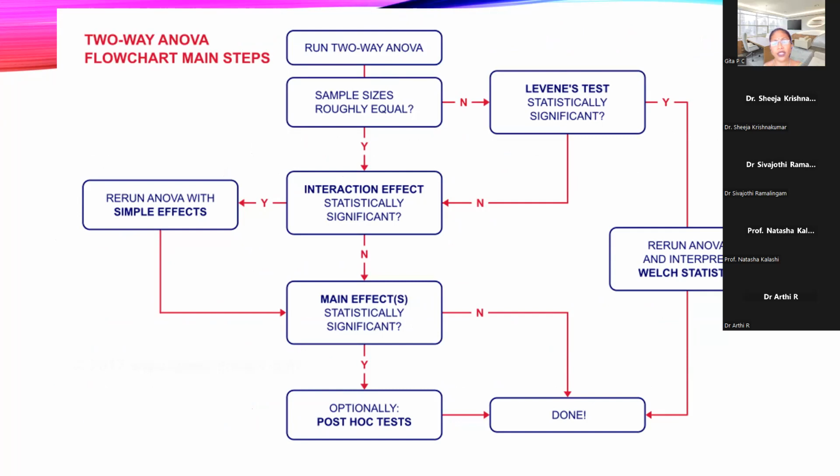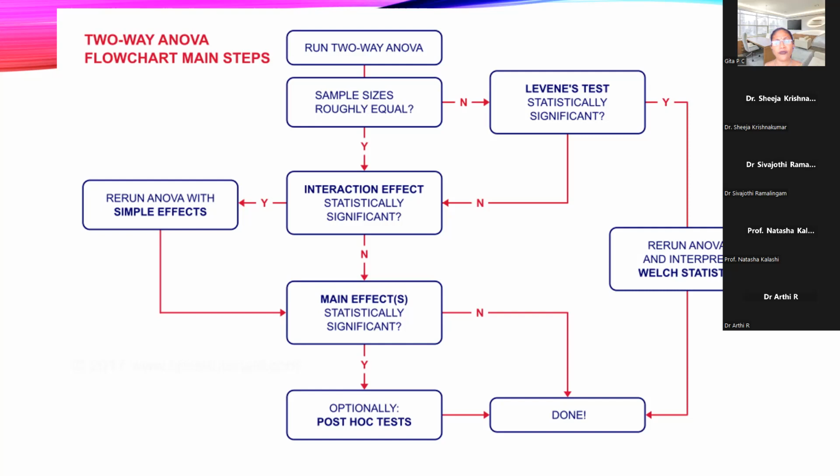If it is not equal, then you have to do a Levene's test. If the Levene's test is statistically significant, then you can rerun ANOVA and interpret the Welch statistic. If it is not significant, you can directly go to the interaction effect.